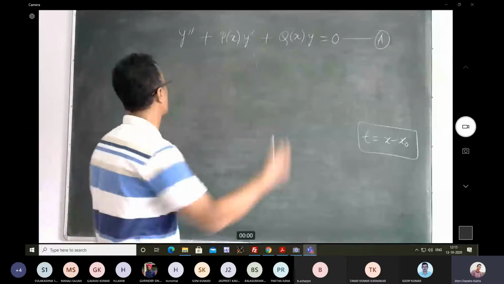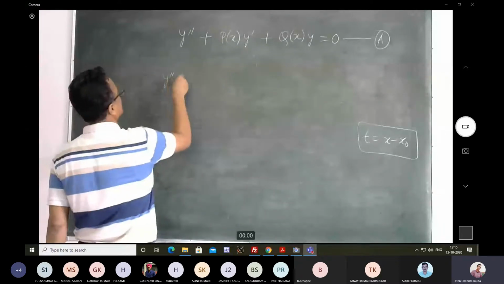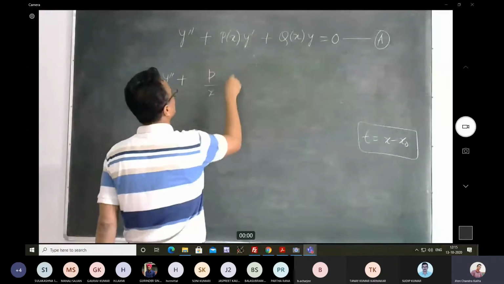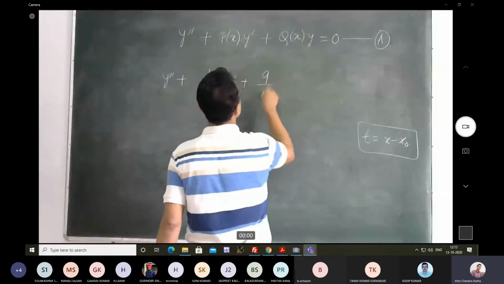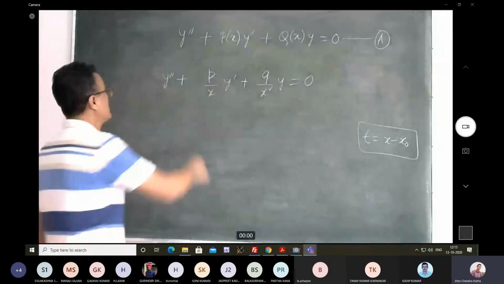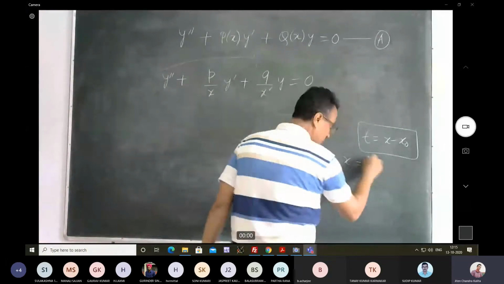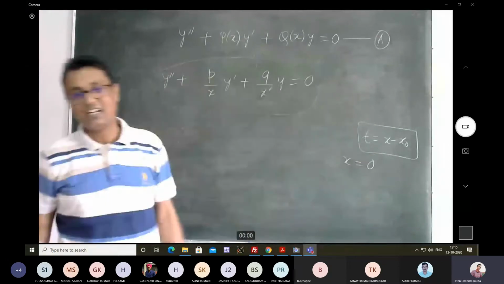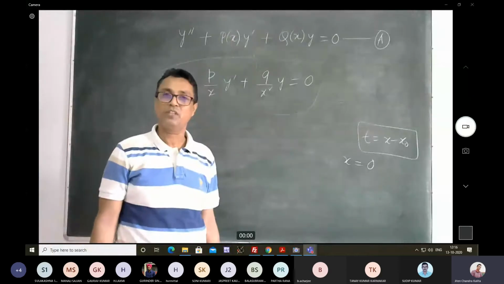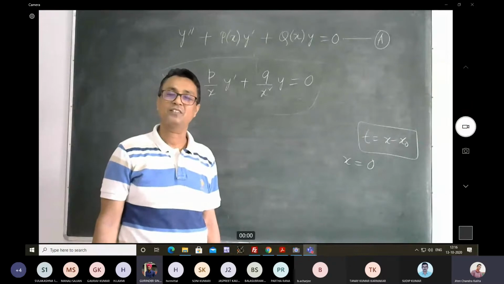And probably you are aware of solutions of equations of those types. Okay, so obviously, if I consider something like this, where p is a constant, and then q by x squared times y, this is equal to 0. For this equation, you know that, for known reasons, x equal to 0 is a regular singular point. Is it okay with everybody? Yes, sir.